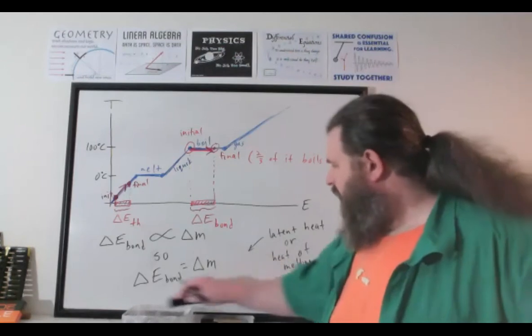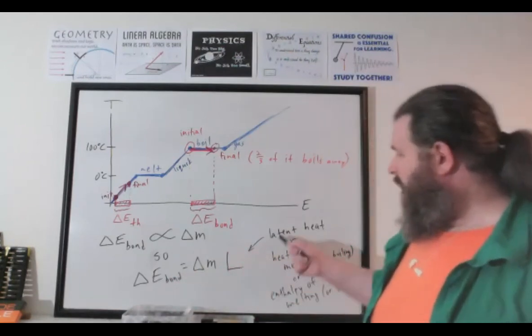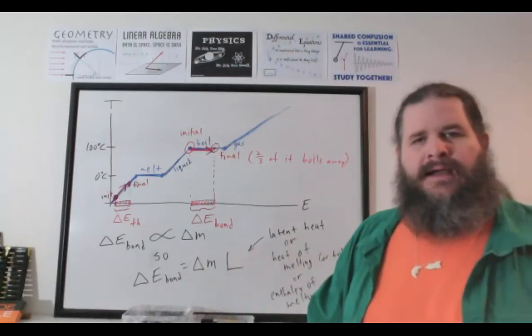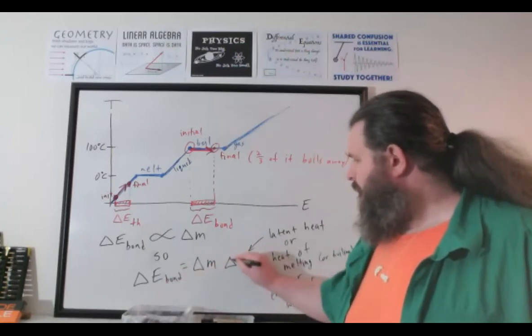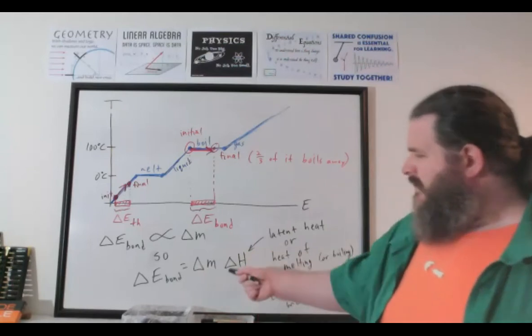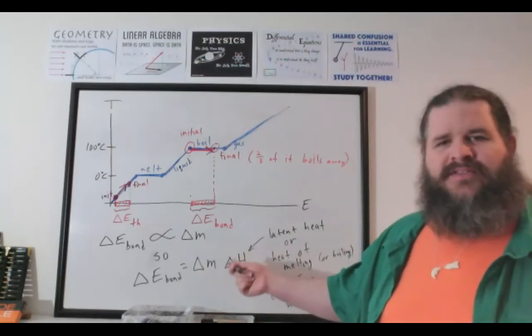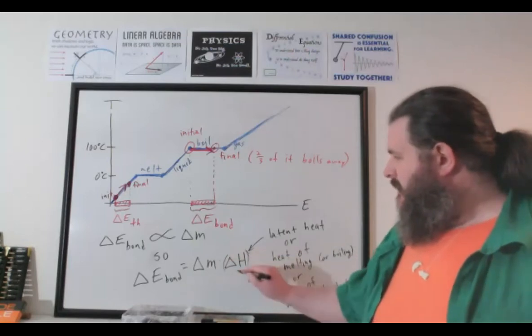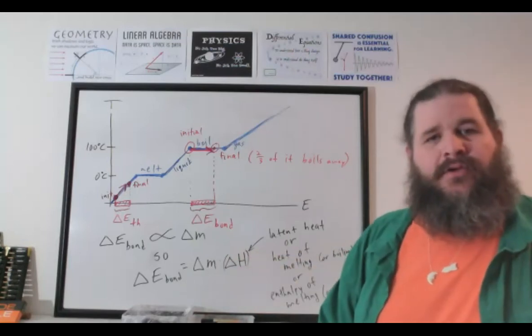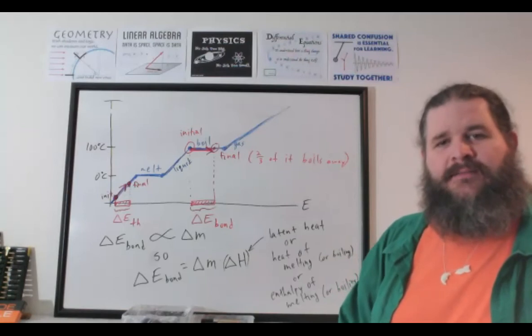In some textbooks, that's written as a capital L for latent heat. In the Physics 7 series, it's usually written as delta H. It's written as delta H, but don't worry about this delta. This delta doesn't really mean H is something that's changing. Delta H is just the symbol we use for the enthalpy of melting.